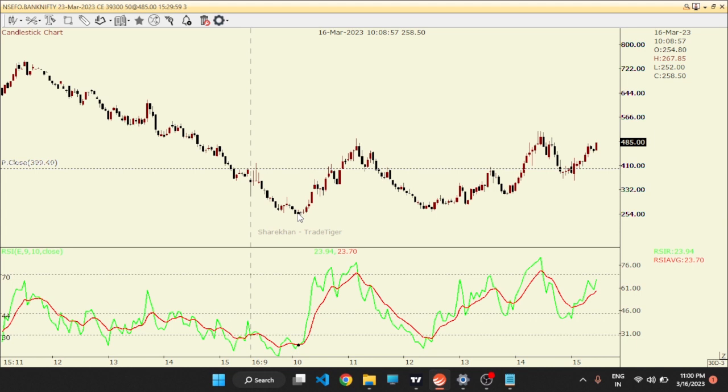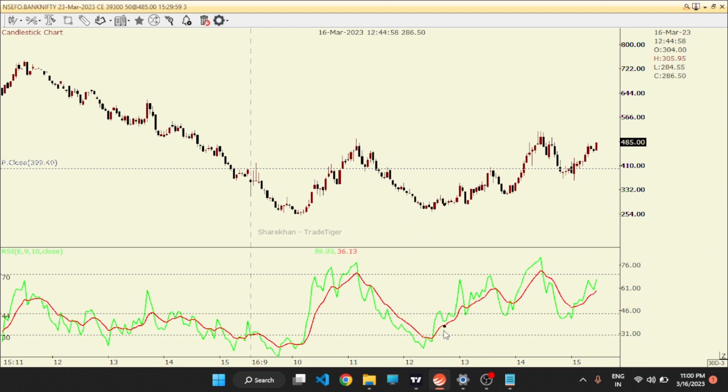So the maximum stop loss will be 20-25 points, and the target will be a minimum of 30 points. If it is below the minimum 30 points, then we are fine with our stop loss. That's the main rule. After that, it gave a good move, the minimum target of 30 points was achieved, and it went above 100 points.